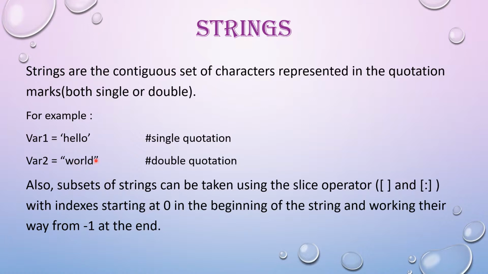Means, for example, if variable1 stores the string value hello, and we want to take LLO from this word, then this subset of the string can be obtained with the slice operator. Also, the index of the string starts from 0, means the very first character is at 0, then 1, then 2, then 3, and then 4, and so on.